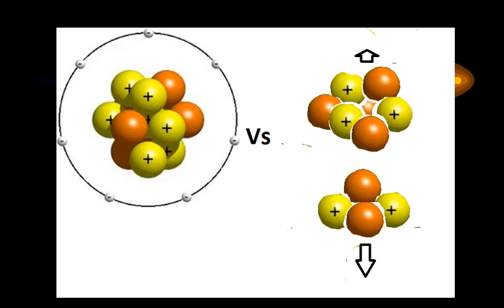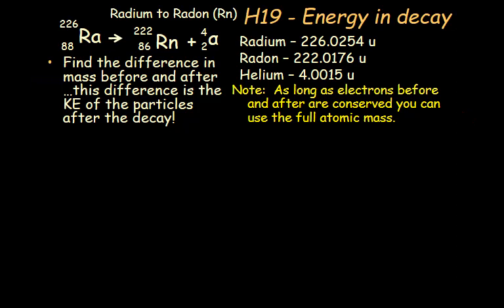So the helium nucleus, which is the alpha particle here, will split apart from the original nucleus very rapidly. Let's take a look at what happens then with the energy, because we know that the nucleons apart are different than together.